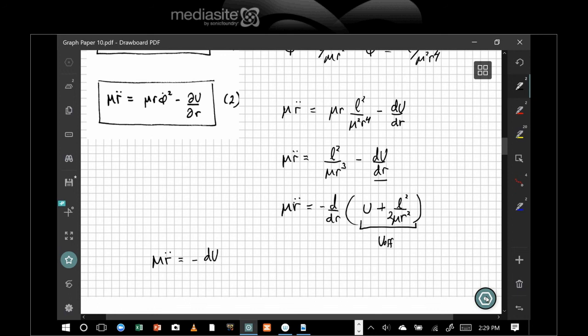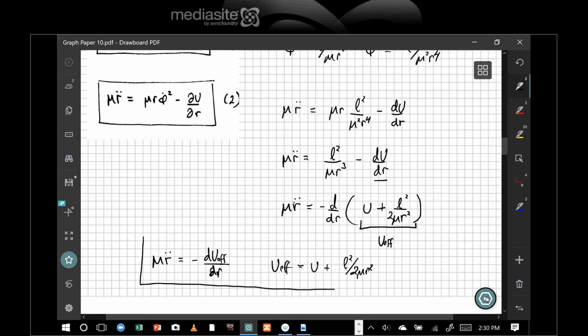So what I want to do is factor out the d dr. So if I have mu r double dot is equal to, I'm going to have minus d dr of u, okay, that makes sense.